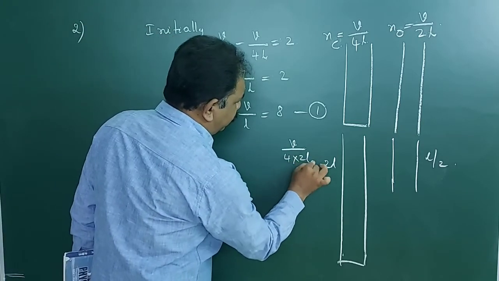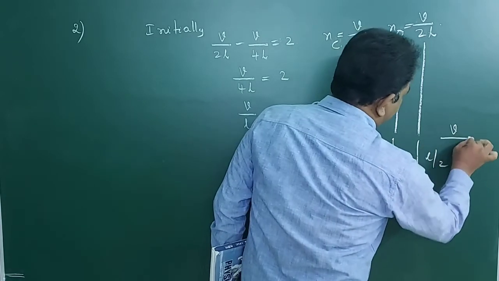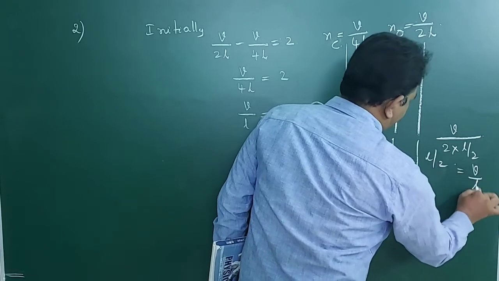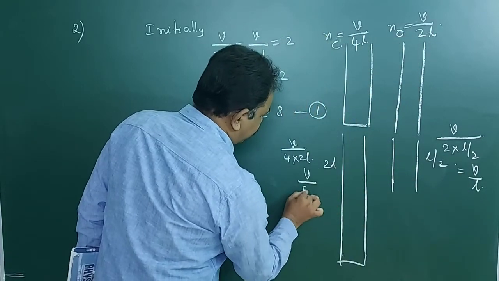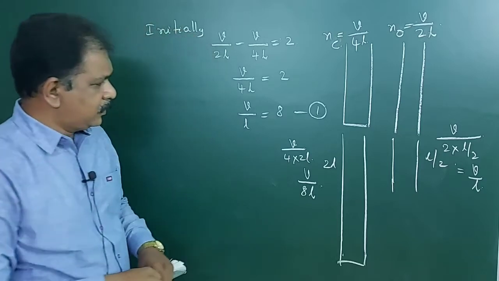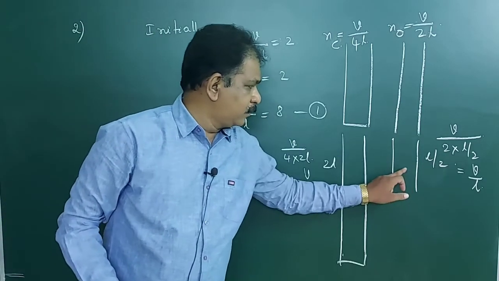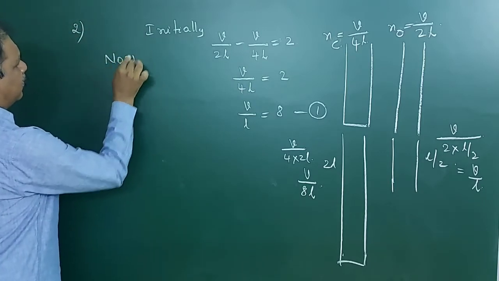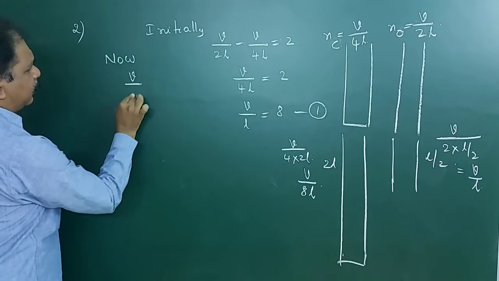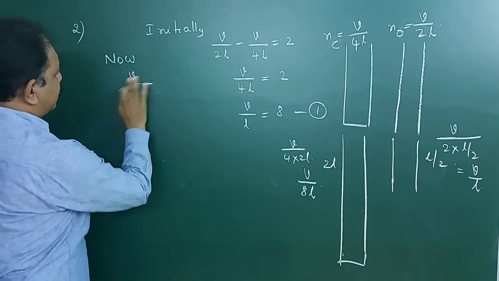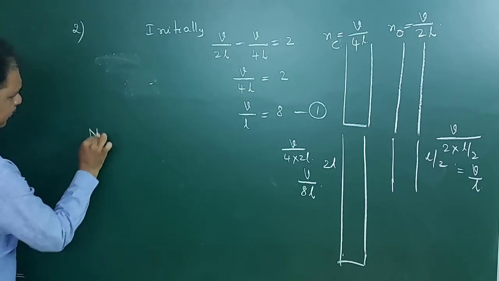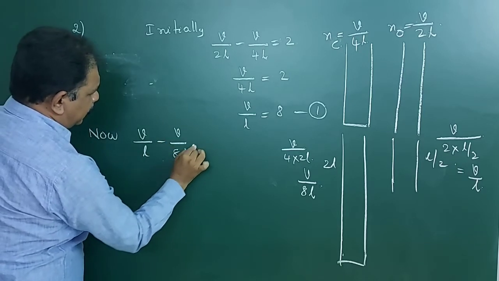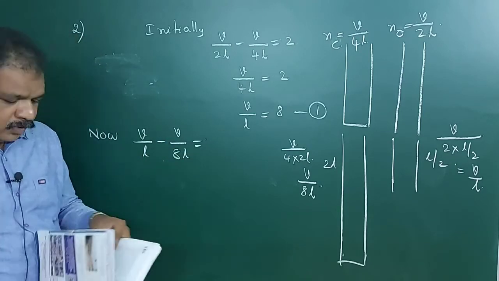Now what will happen to its frequency? V by 4 into 2L. What will happen to its frequency? V by 2 into L by 2. It becomes V by L. It becomes V by 8L. Which is more? This is more. Its frequency is more than this. Now, V by L minus V by 8L is equal to how many beats?